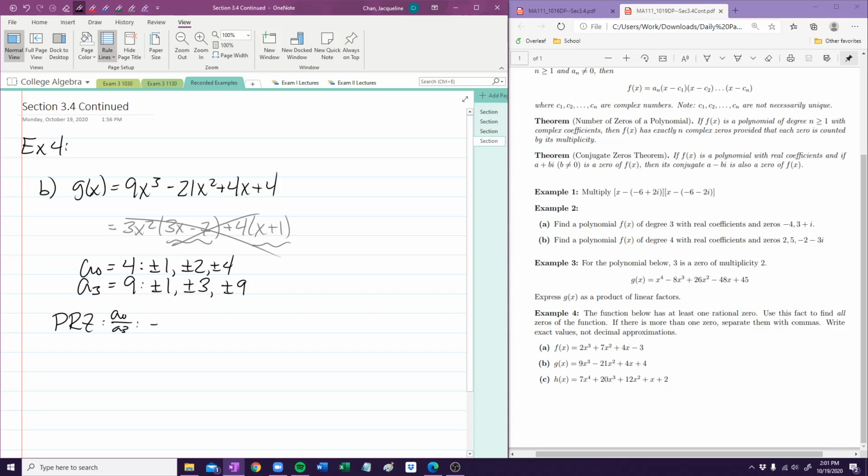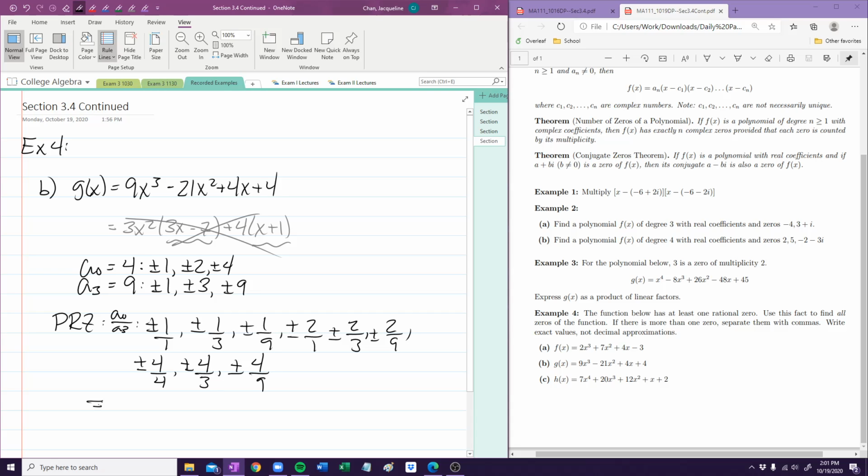When I do that, I get plus or minus 1 over 1, plus or minus 1 over 3, plus or minus 1 over 9. Then I have plus or minus 2 over 1, plus or minus 2 over 3, plus or minus 2 over 9, and then plus or minus 4 over 1, plus or minus 4 over 3, plus or minus 4 over 9.